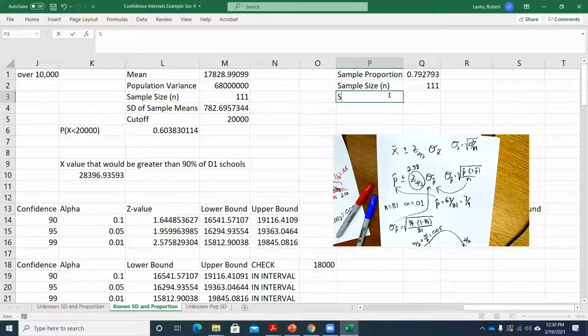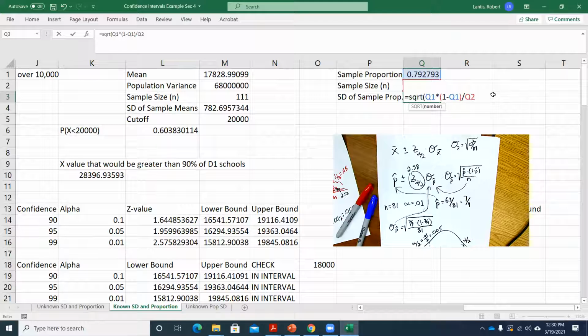The standard deviation of my sample proportions is going to be the square root, so SQRT in Excel does our square root, of my sample proportion, which I have right here, times 1 minus my sample proportion, divided by my sample size. I can't click on this cell because it makes this box big for some reason, so Q2.